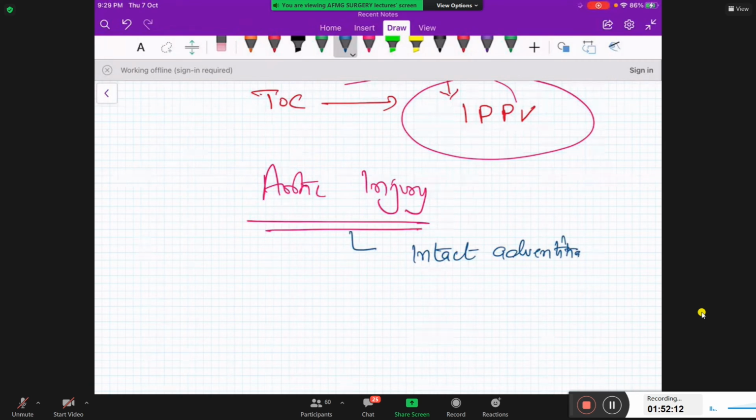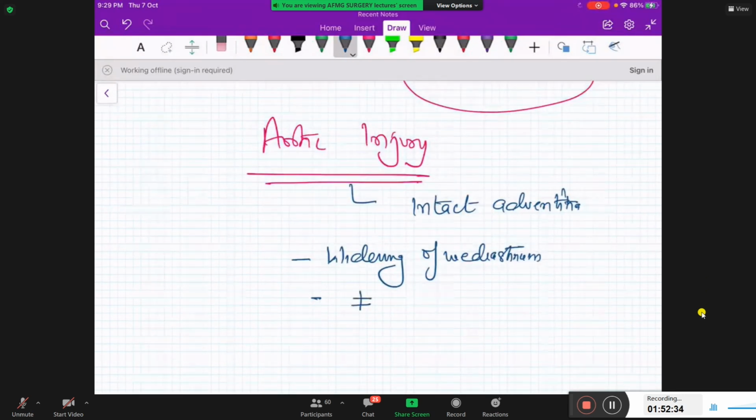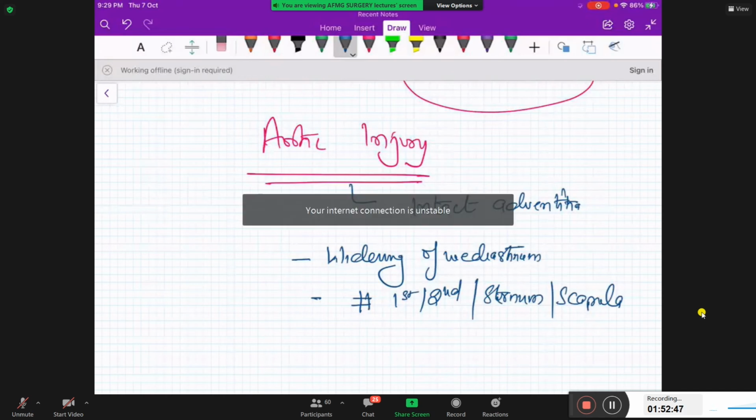In any patient of thoracic injury, please listen to this carefully. If you are provided that there is a widening of the mediastinum, or that the patient has a fracture of the first or second rib or scapula, in any such patient we should always suspect aortic injury.